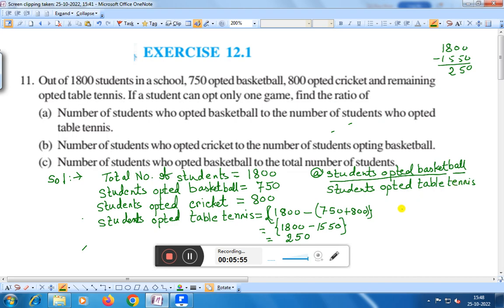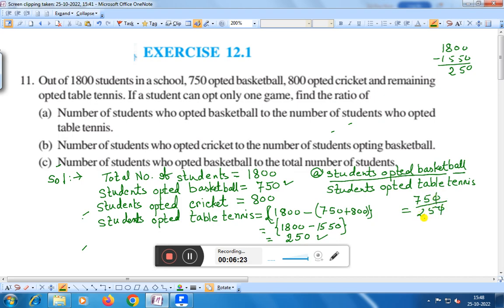Students opted for basketball is 750, and students opted for table tennis is 250. Therefore, 750 by 250.